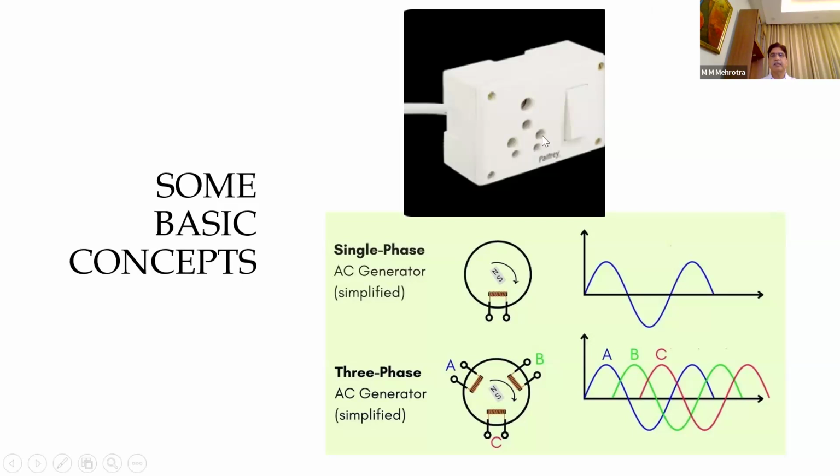So when we say it's single phase, the first thing that comes to our mind is a power point like this. When we say three phase, then there will be three similar power points connected to different phases.